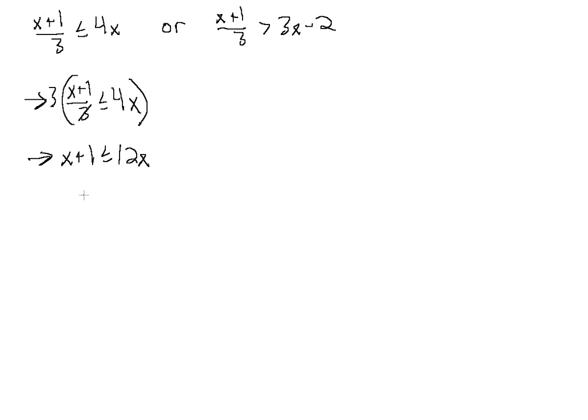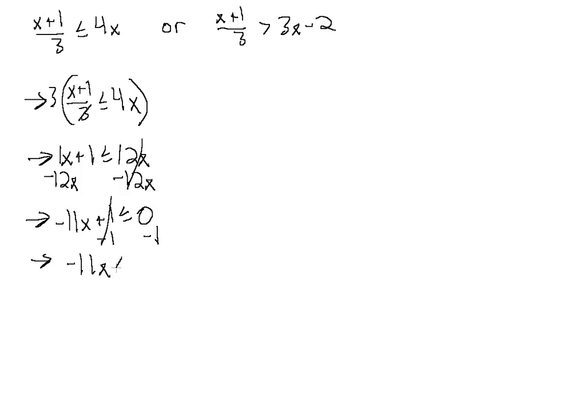Let's move our variables to one side. So let's go ahead and subtract 12x from both sides. Minus 12x. That cancels, so we have minus 11x plus 1 is less than or equal to 0. Let's go ahead and subtract 1 from both sides. So we have minus 11x less than or equal to minus 1.